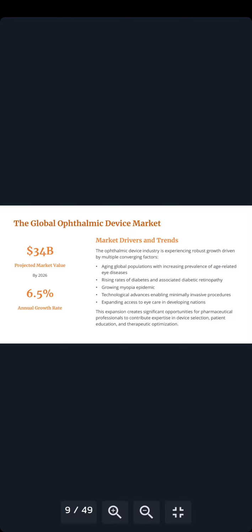It's very important that this robust growth comes from converging factors. Populations are getting older. Older patients may have more cataracts, more glaucoma. Age-related eye diseases are going higher. The number of people who have a diagnosis of diabetes is growing more and more each day. Diabetes may result in retinopathy. We also have a growing myopia epidemic.